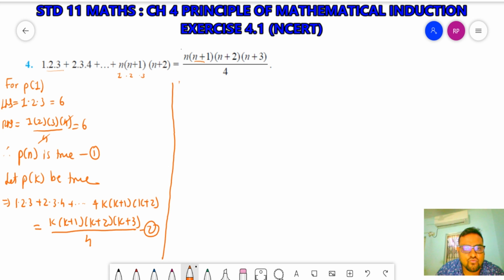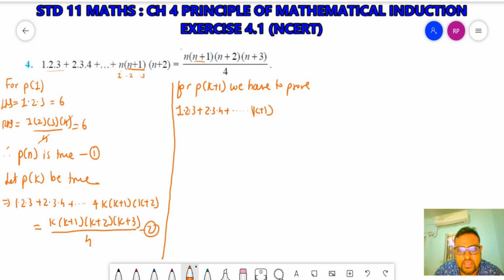Now for P of k plus 1, we have to prove 1 into 2 into 3, 2 into 3 into 4 up to, instead of n, k plus 1, instead of n plus 1, k plus 1 plus 1, k plus 2, and instead of n plus 2, k plus 1 plus 2, k plus 3.